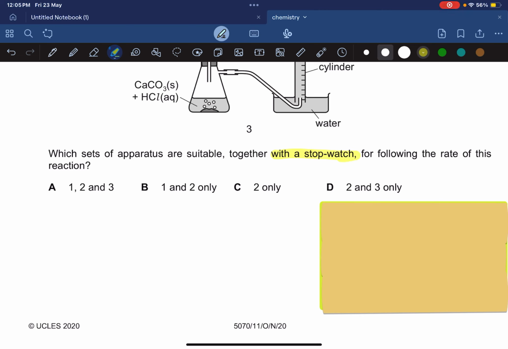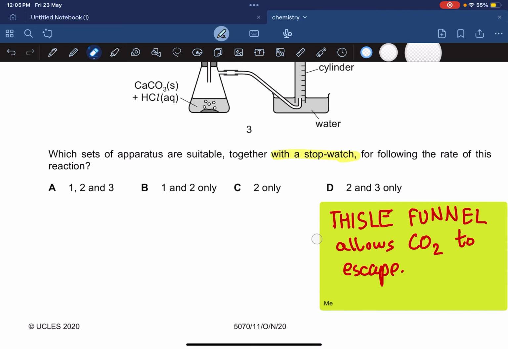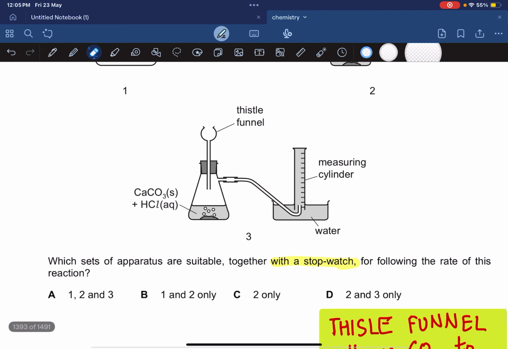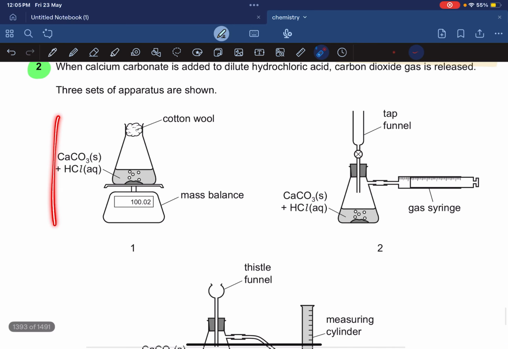Rate of reaction simply means that we have to measure either the decrease in the mass of the reactants or the gain in the mass of the products, and which set of apparatus is going to be more suitable. The key concept in this question is that the first apparatus simply measures the amount of mass that is lost from your reactants.